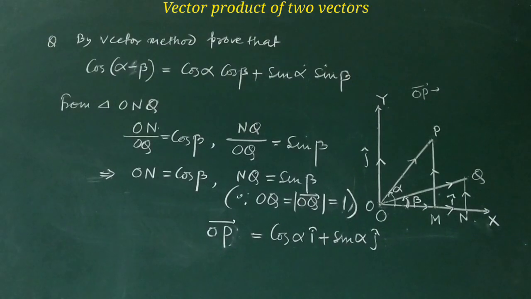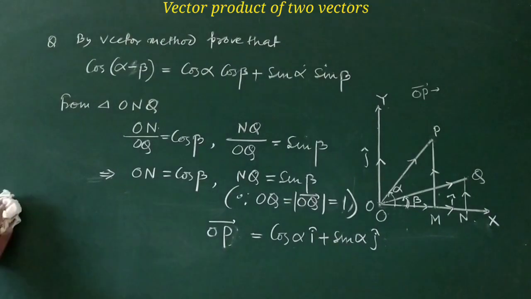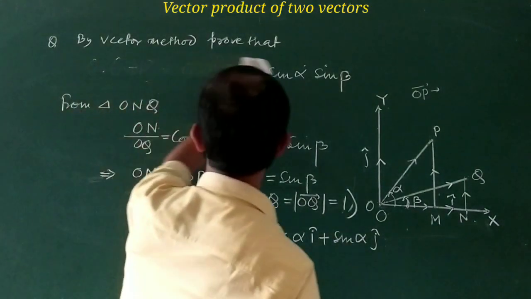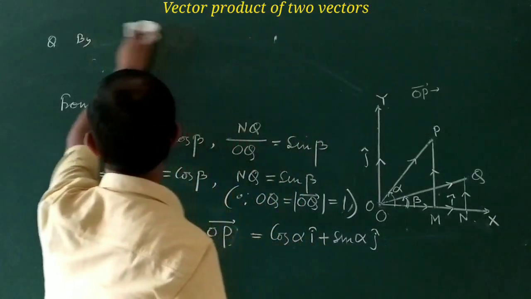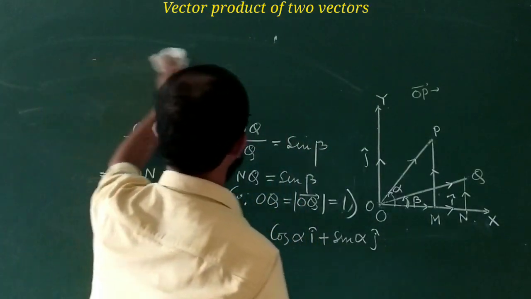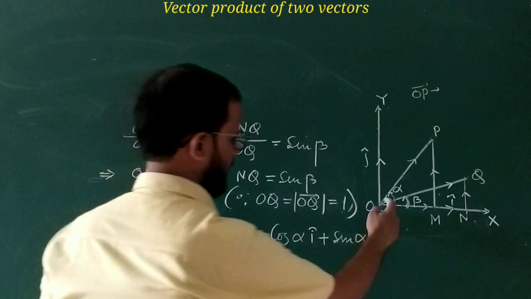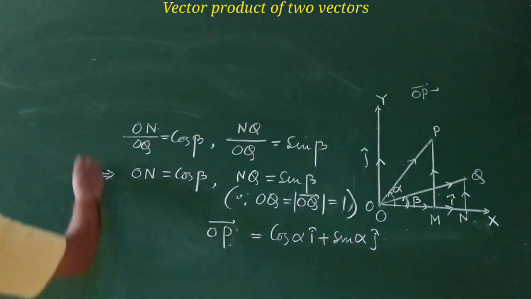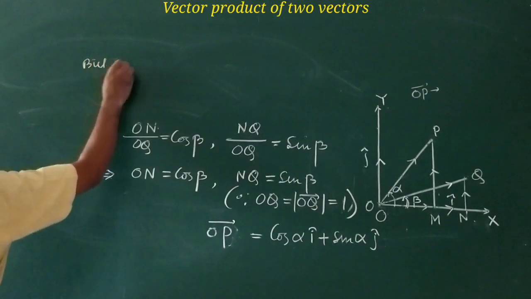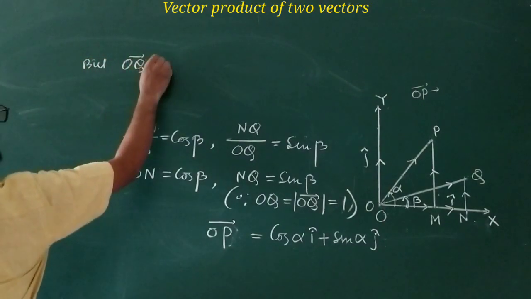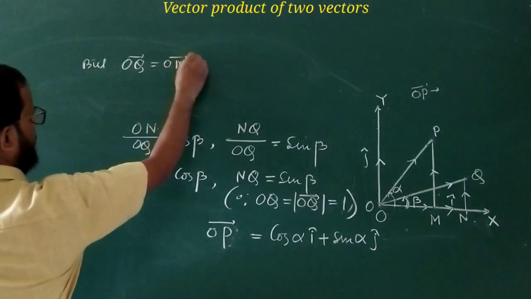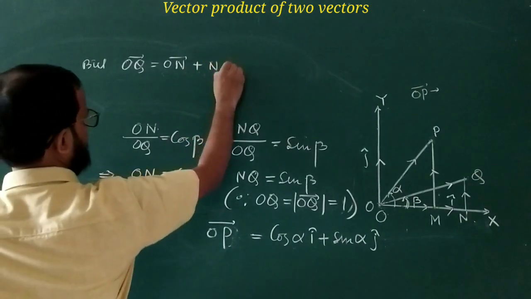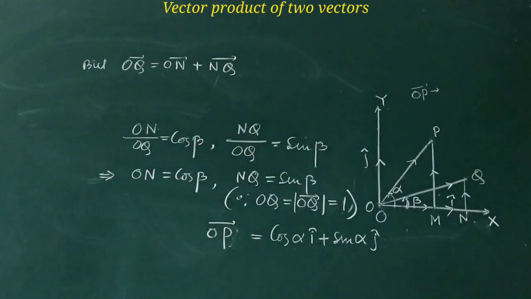Now if you use the vector law of addition in this particular triangle, ON vector plus NQ vector is equal to OQ vector. Okay?